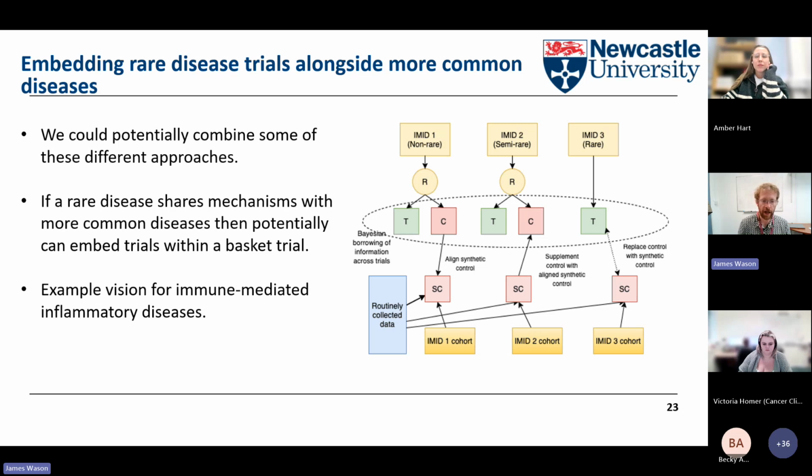And that would then allow sharing of information on the treatment's effect between the different conditions. And also, we could go even further. And if we have various different sources of data that can create synthetic control groups, we can then use that information, perhaps by comparing the control group to the synthetic control group for the more common condition to ensure it's giving an accurate answer. And then we might feel a bit more comfortable about making conclusions for the very rare condition where we can't do a randomized trial.